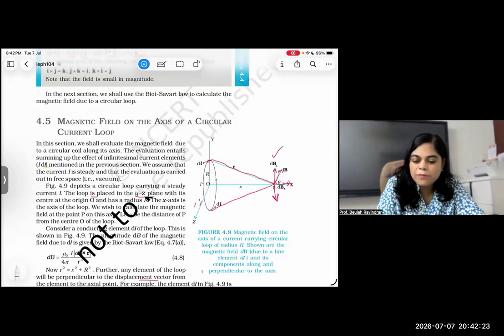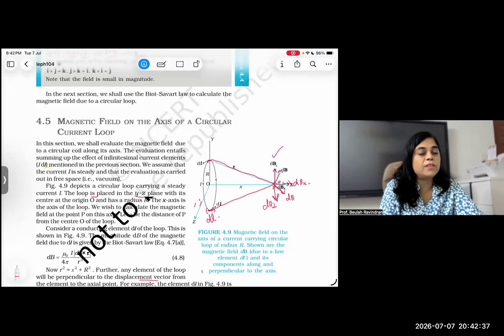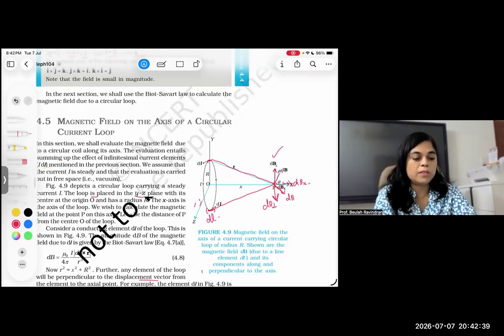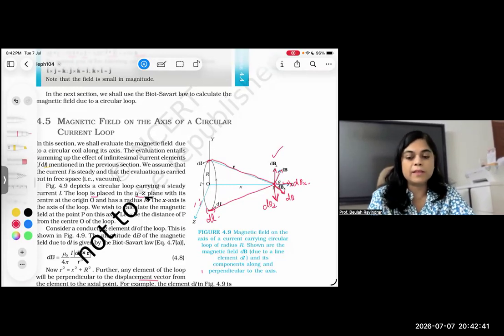If you take the dL element here, then dB will be here, dBx will be here and dB perpendicular will be here. So listen carefully, children. It is very, very important. Then you may not know how it cancels.